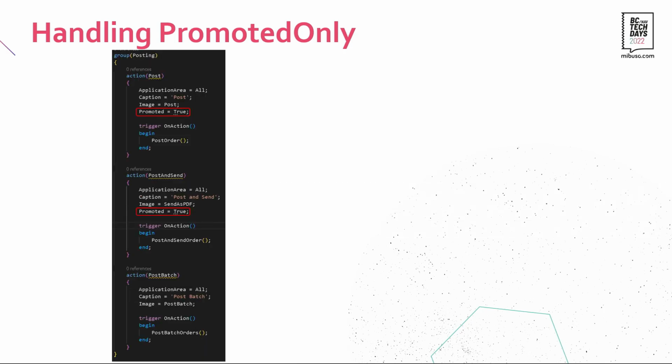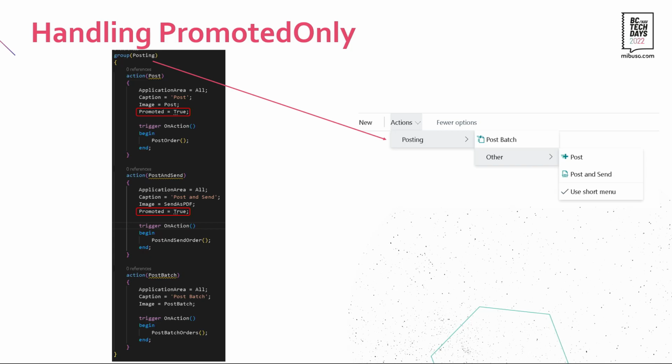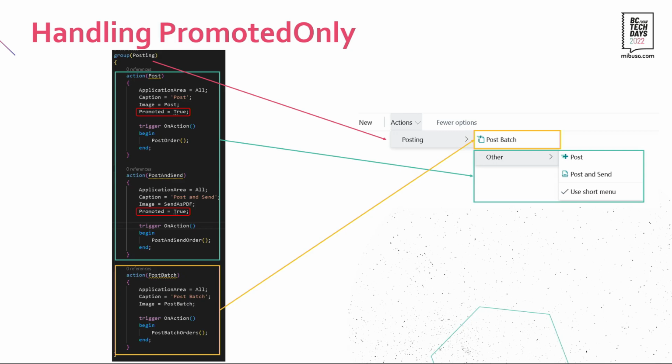There's another UI capability we added. If a group has some promoted actions, in this case you have 3 actions and 2 of them are promoted and the last one is not, and if you render this, this is how it will look. We will still render the group. There's a posting group there. And directly under this group, you have a list of unpromoted actions inside the group. And for promoted actions, we added a system group called Other that you can see here, and we hide the promoted actions into this group.